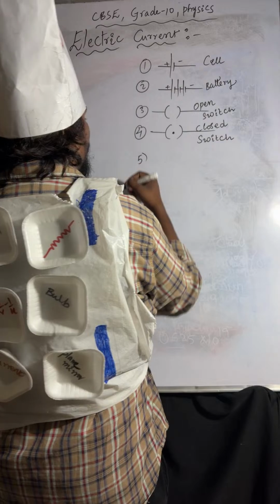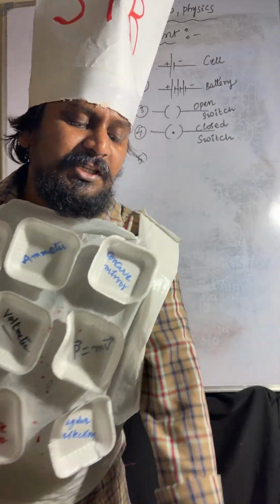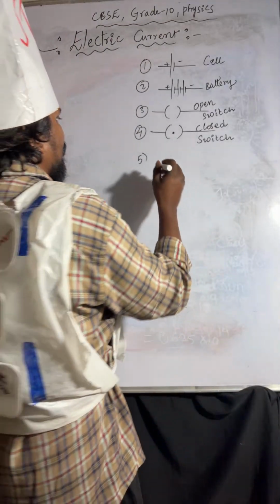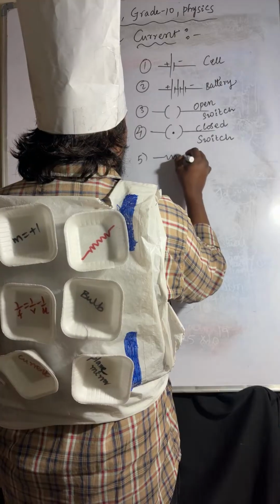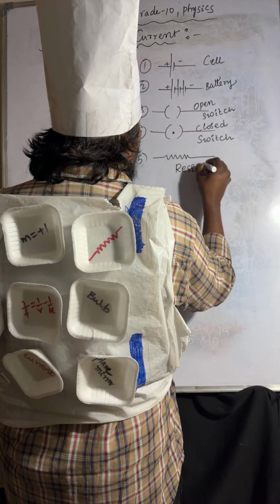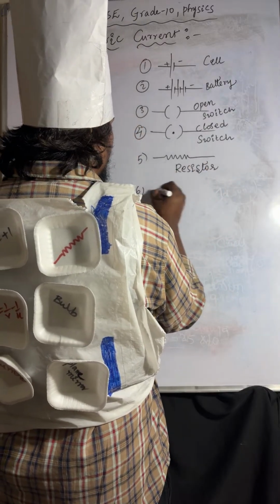Coming to the fifth one, resistor. Resistor is a device which is used to oppose electric current in the circuit. This is a resistor, and coming to the sixth one, rheostat.